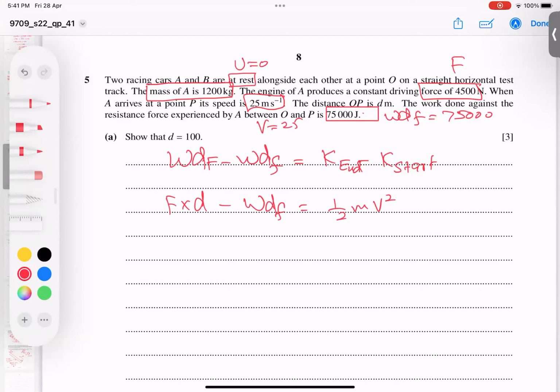So the work done by the applied force is 4500 times the distance, which is unknown, and the friction work is given as 75,000 joules. And half into mass, which is 1200, and speed is 25. You see, it is so easy to solve.